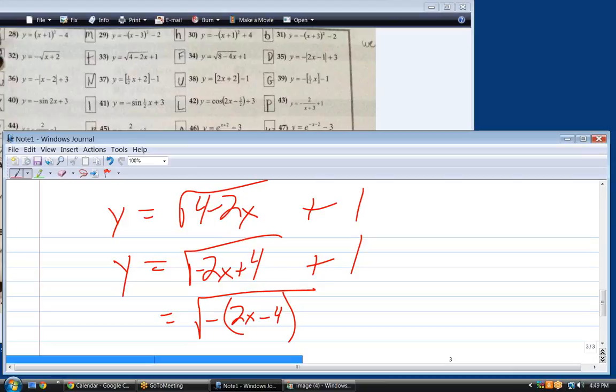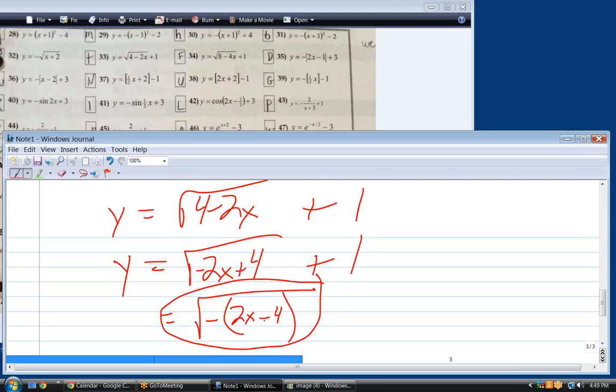The difference is that when I write it like that, I now have a clear negative sign in front of everything that's inside the radical. So I clearly have a reflection over the y-axis. And then if I examine this, you're correct. It's a shrink by a factor of 2, but it's a movement of 4 to the right after I've reflected.